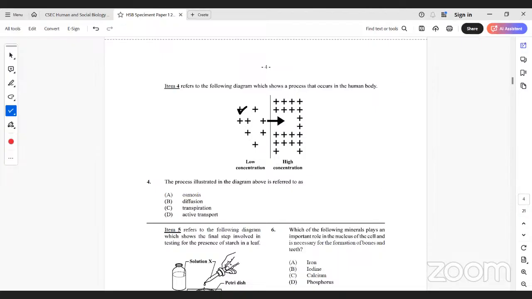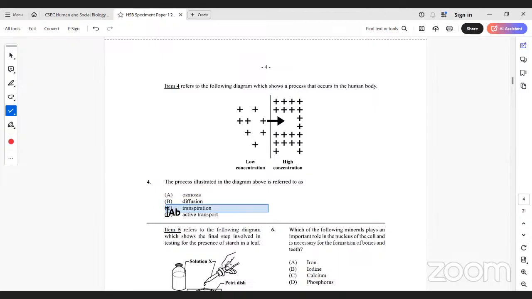You could see the plus signs. You could count them on the left-hand side, 2, 5, 8, and then we have so many plus signs on the high concentration side. And we have an arrow showing the pluses going from low to high. What process is that?